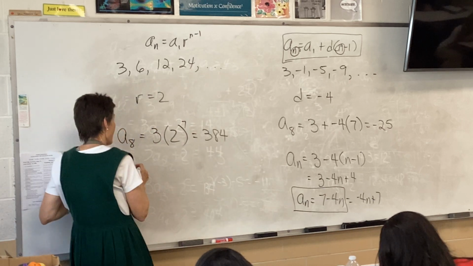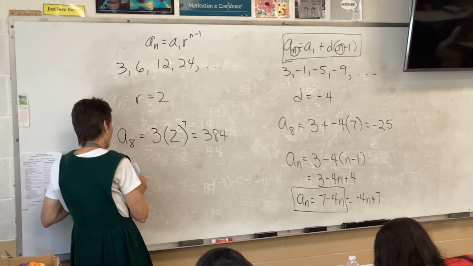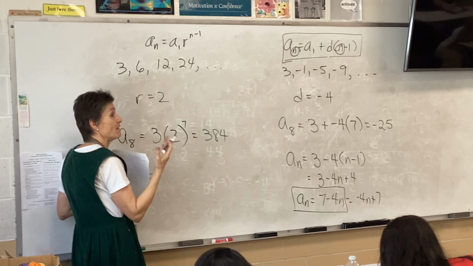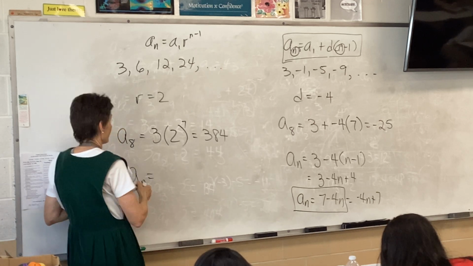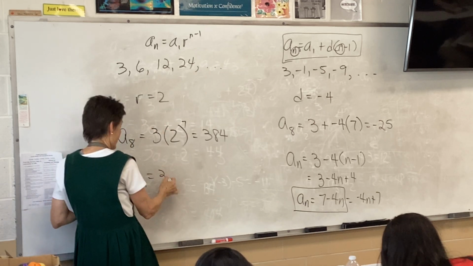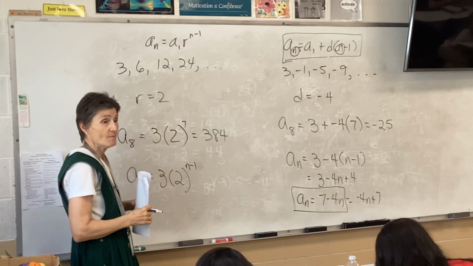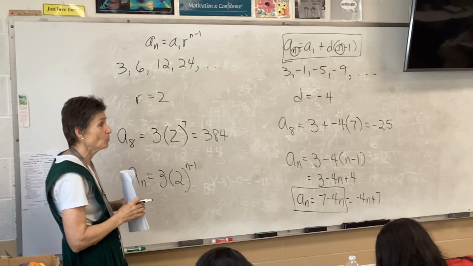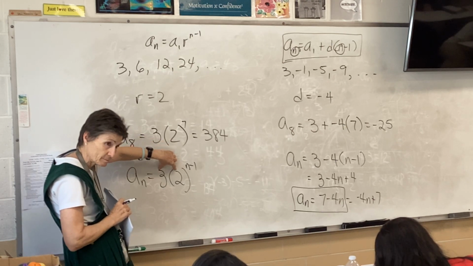Now, this is the formula for the 8th term. What does the formula for the nth term look like? Well, this is even easier. It's just 3 times 2 to the n minus first. Yeah, that's it. That is your explicit rule. Never multiply these two together.